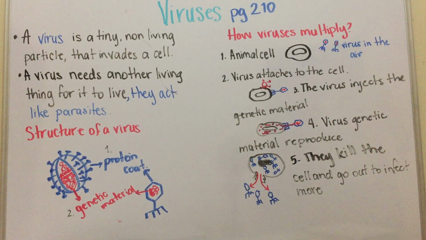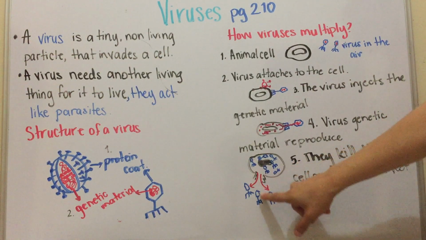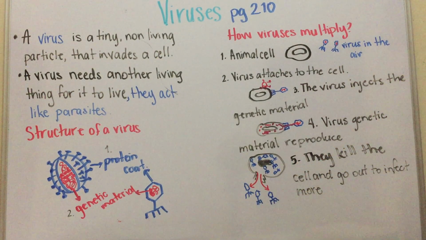And once they're ready and assembled, they're going to kill the cell, they make a hole in the cell, and they go out. How are they going to go out? If you have a respiratory virus, they're going to go out through your sneeze, through your saliva, or through your mucus.